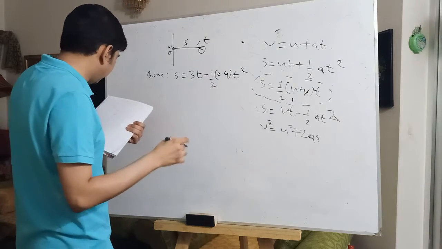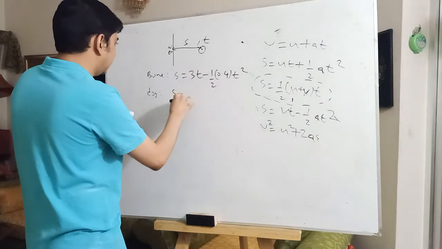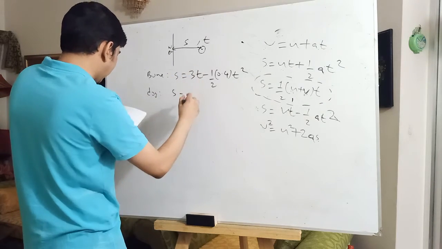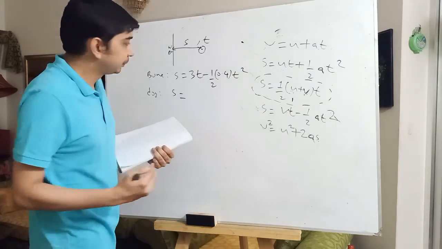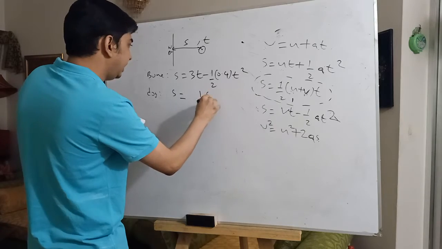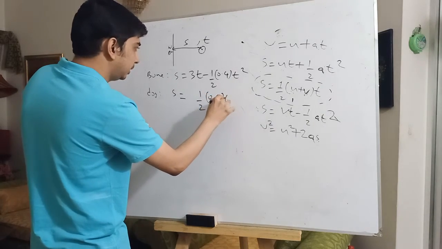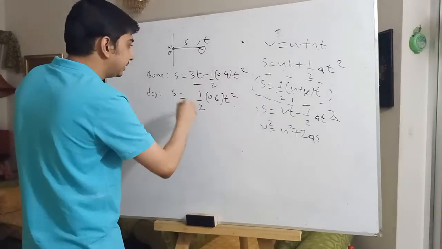Okay, this is for the bone, and for the dog, the value of S will be the same and the time will also be the same. So the initial velocity of the dog is 0. So u is 0. You just have half A, A is 0.6 for the dog, t square.